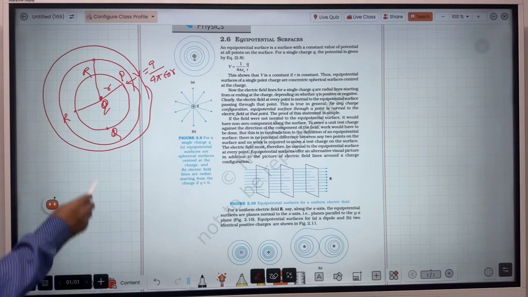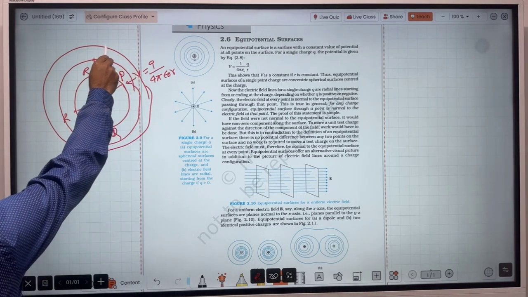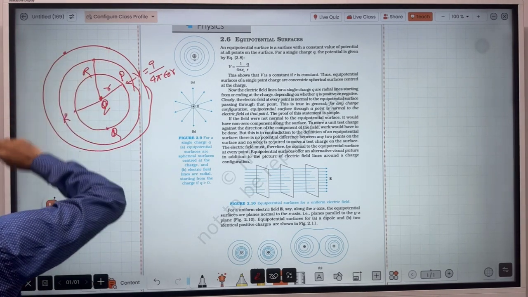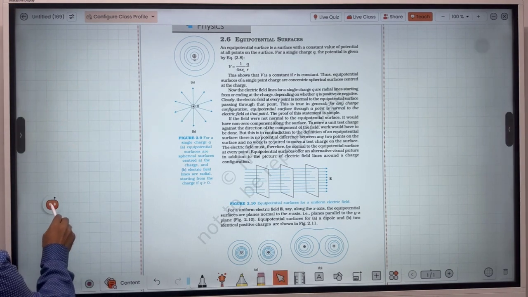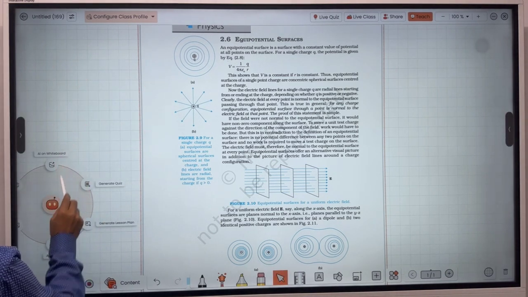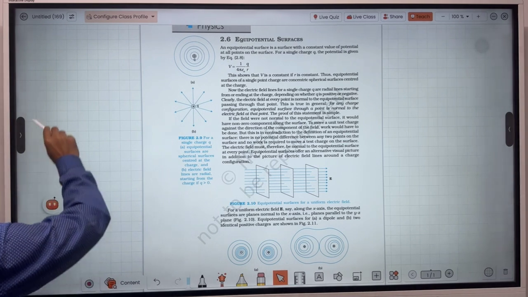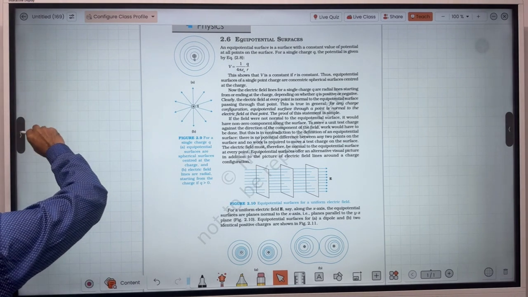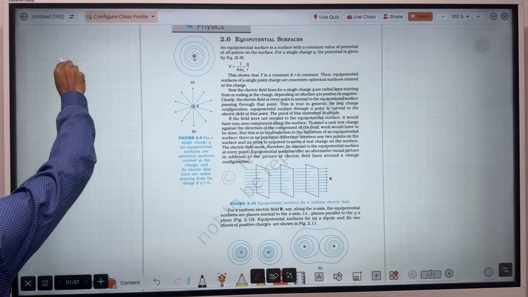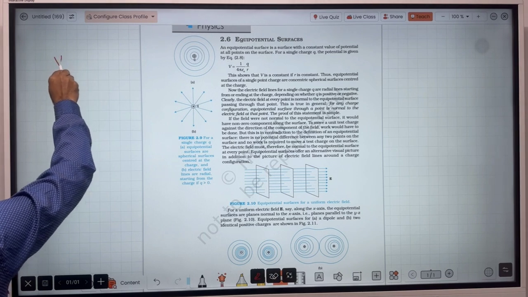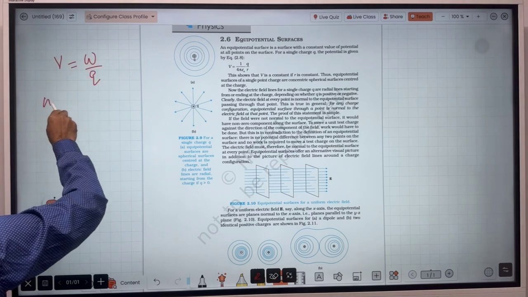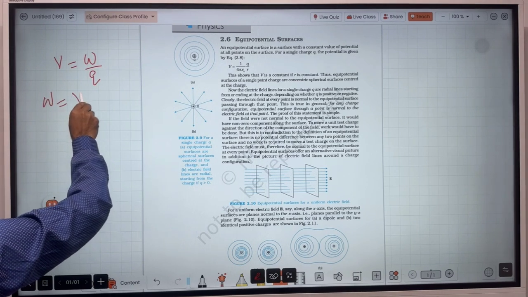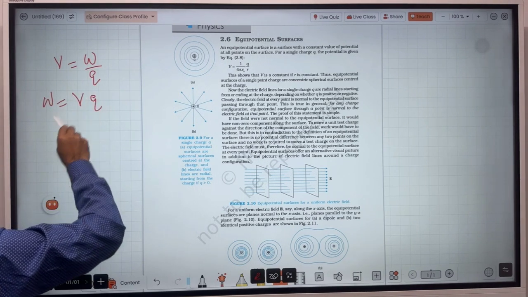So here if you move any charge from this point to this point, will there be some work or not? So what is the formula for work? If you remember the definition of potential, when we define potential we say work divided by charge. Here our concern is to find work, so work is potential into charge.